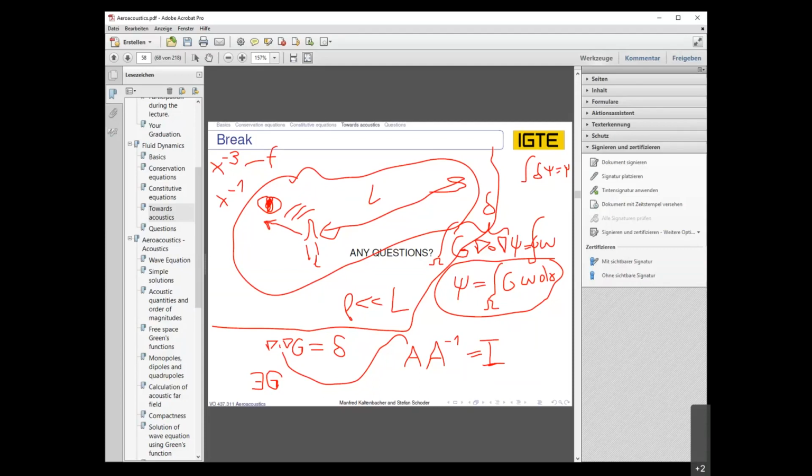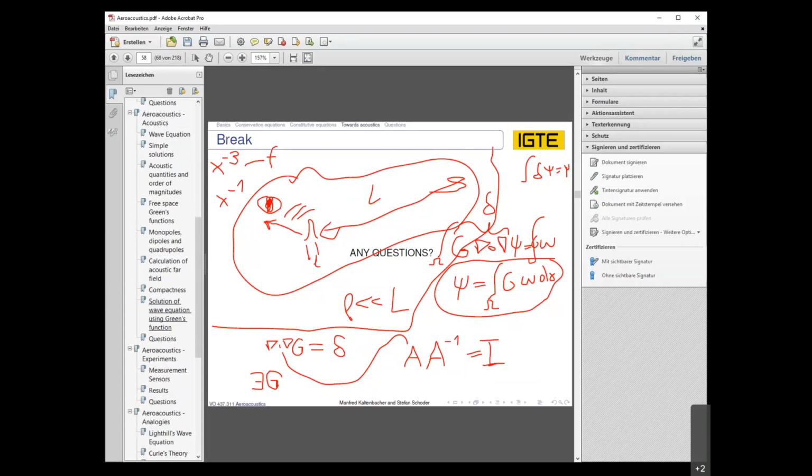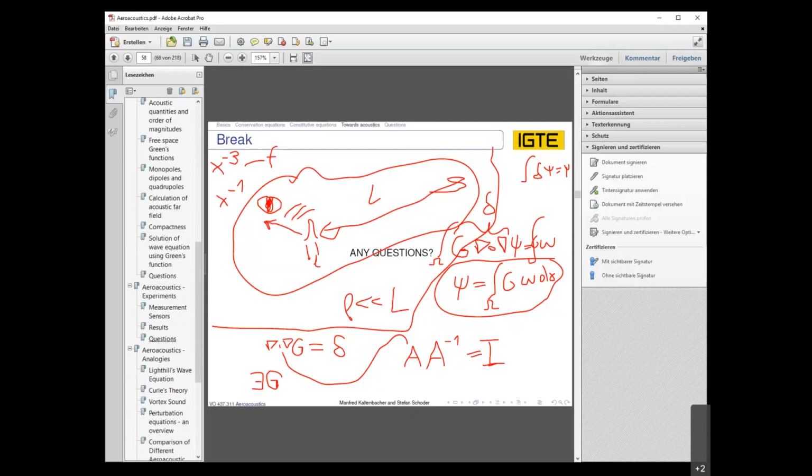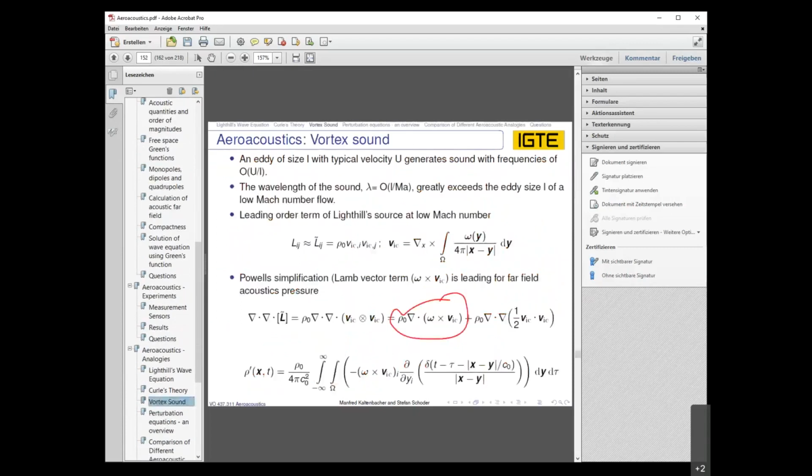So the vortex sound sources, how they translate into acoustics, are a far field phenomenon, as we had it there. Yeah, we see it then there.